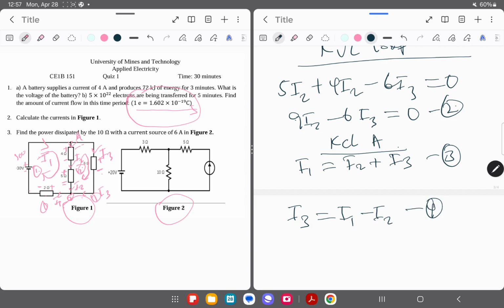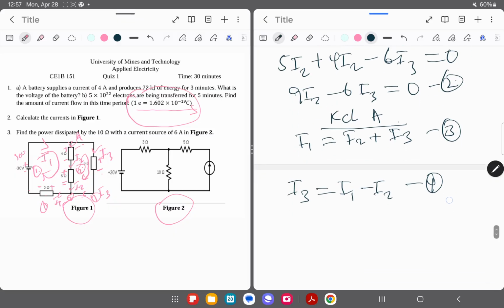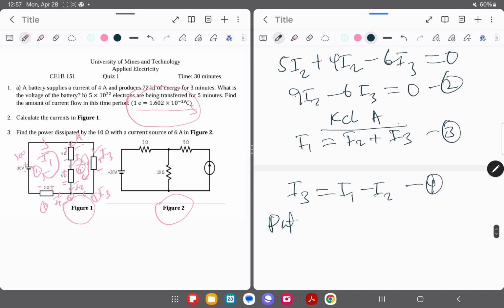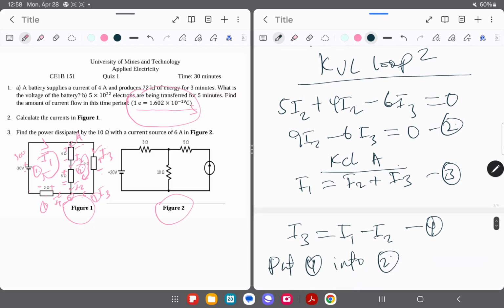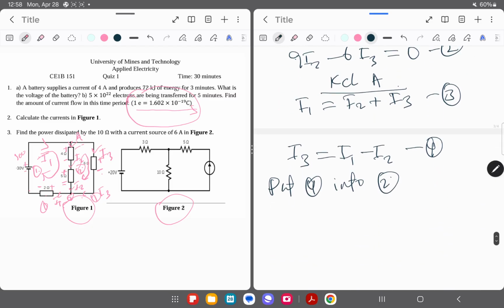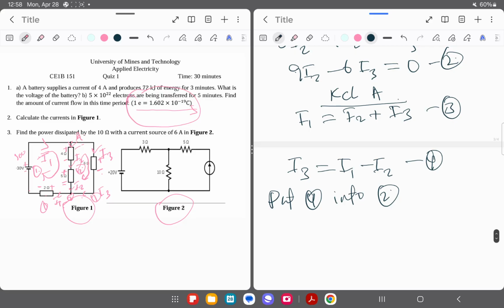Let's say that gives me equation 4. Now put equation 4 into equation 2. So that gives me this. So inputting this into this, that means I'm going to have 9I2 minus 6 into brackets I1 minus I2 equals to 0.